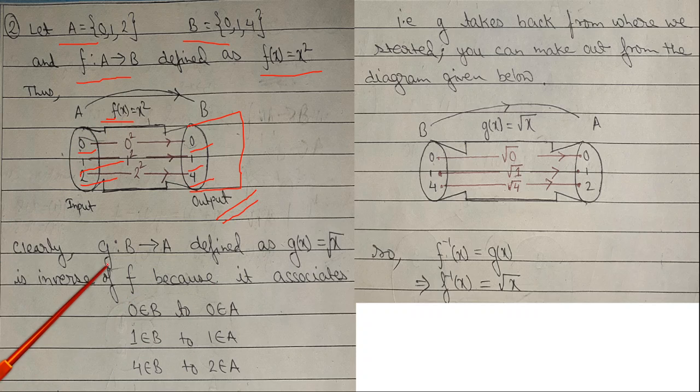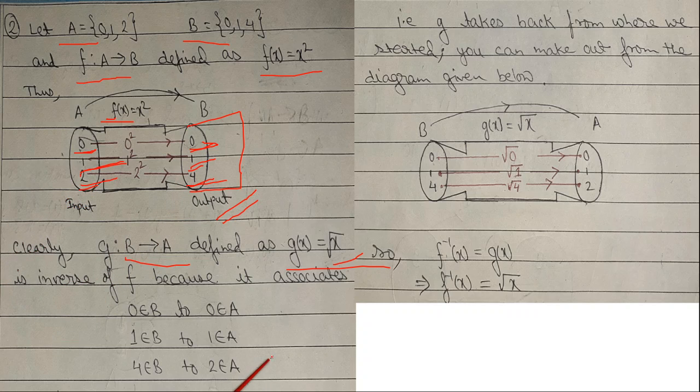So here we observe that if we define a function g from B to A as g of x equal to square root of x, then square root of 0 will be equal to 0, square root of 1 will be equal to 1, square root of 4 will be equal to 2.